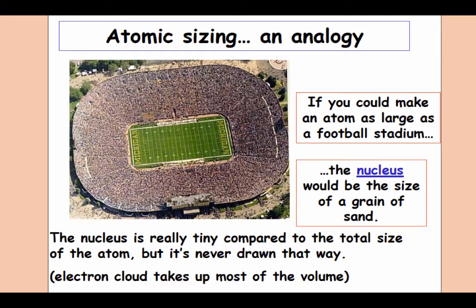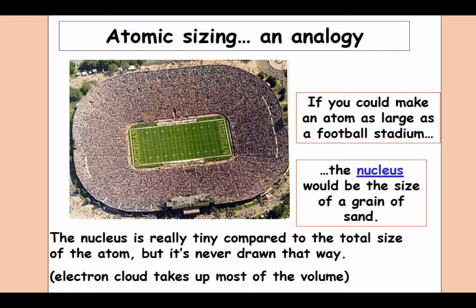Something that's important is to get perspective on the size of an atom. So if you think of an atom as this football field, it looks like a Michigan State football game. The entire stadium would represent one atom.